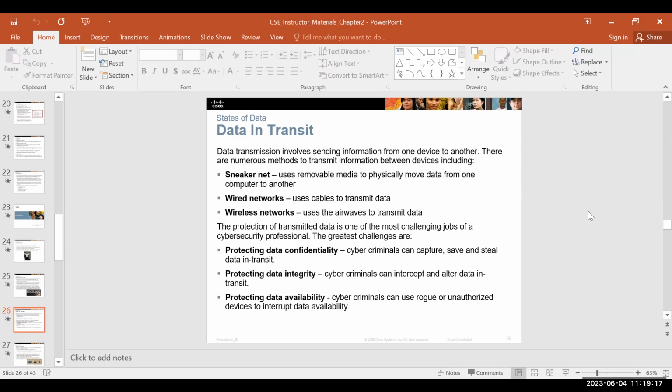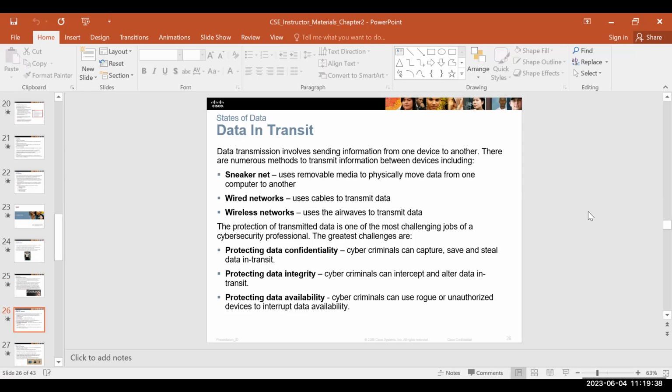That is a wired network. Wireless networks use the airwaves to transmit data. So we can also communicate wirelessly to share information using airwaves. These three are different ways of transmitting data, and they ensure data in transit.